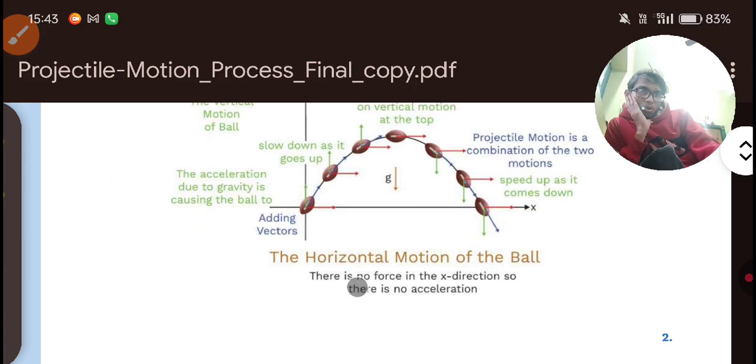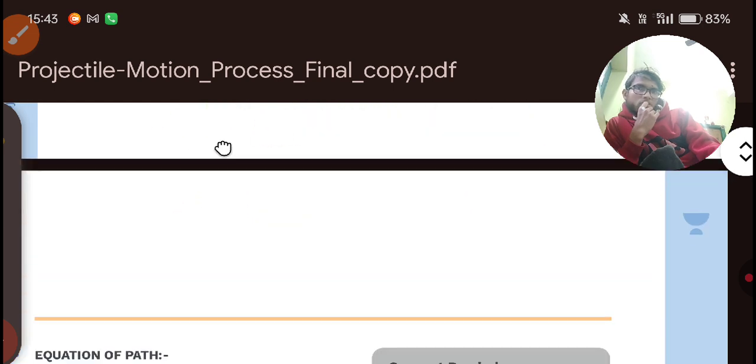It is saying there is no force in the x direction, so there is no acceleration. Wherever you observe that there is no force, you can say that acceleration is zero. No force is equal to no acceleration.